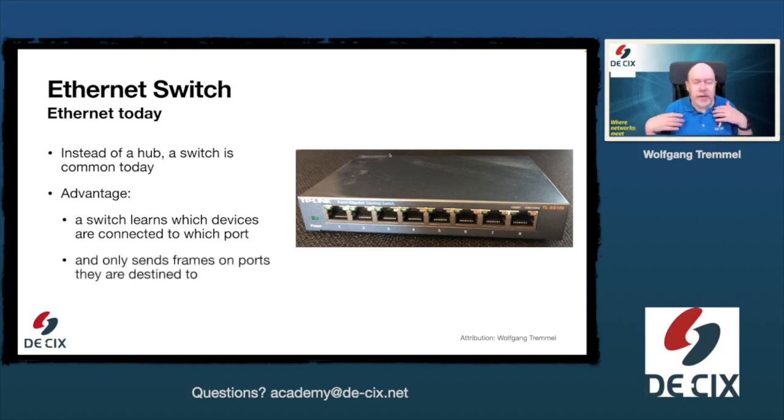So it only sends out frames through ports where the receiver is, and it learns that by listening to the source Ethernet addresses of frames it receives. If it doesn't know where the receiver is, it falls back to the old behavior and broadcasts. We call that flooding. It sends out the frame through every port.